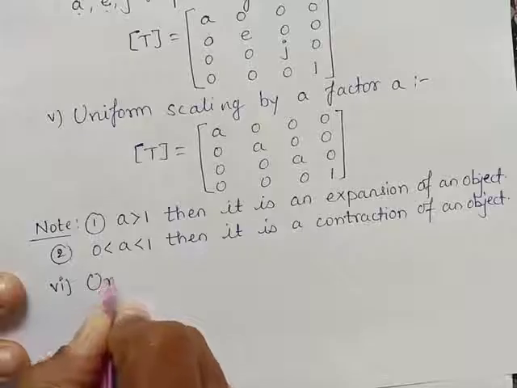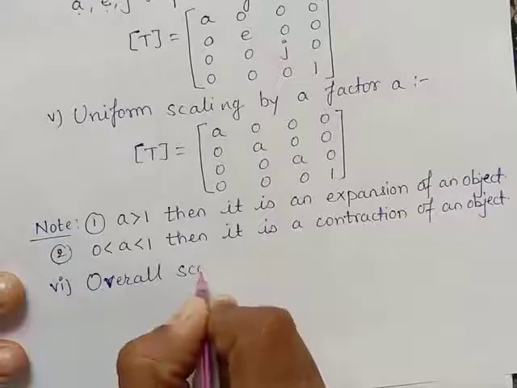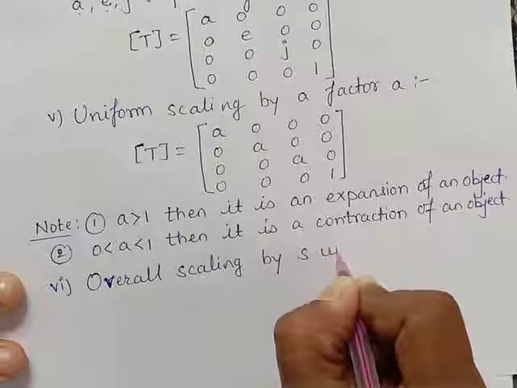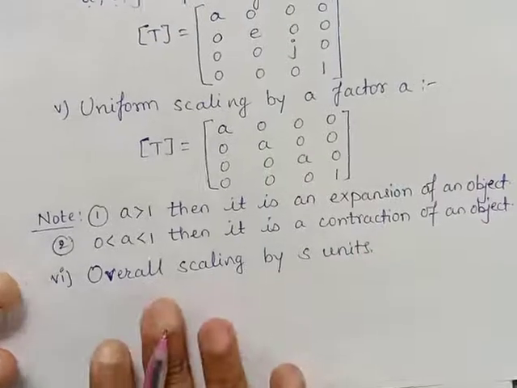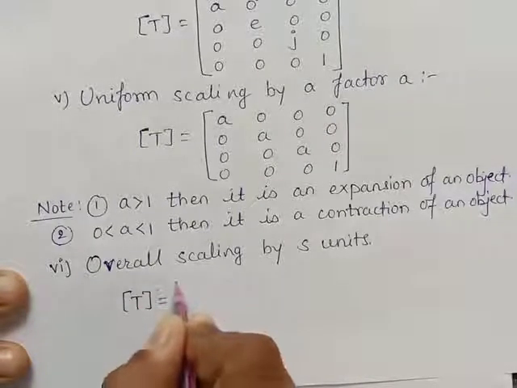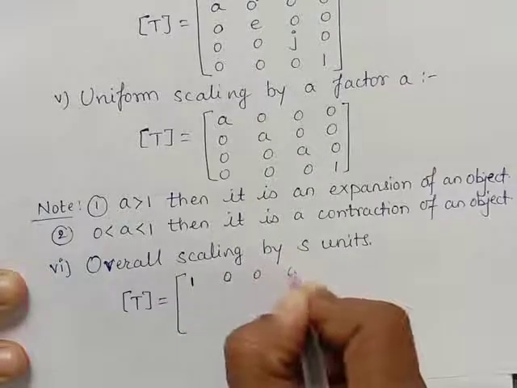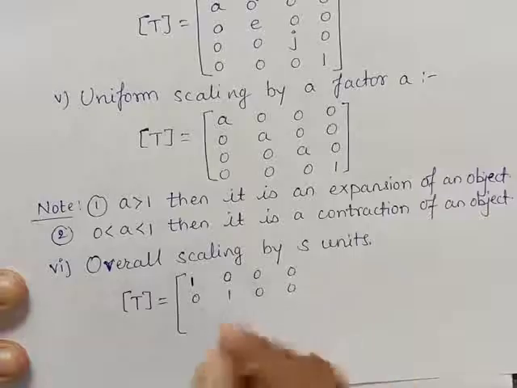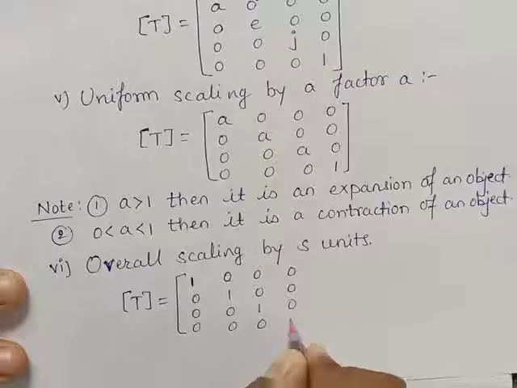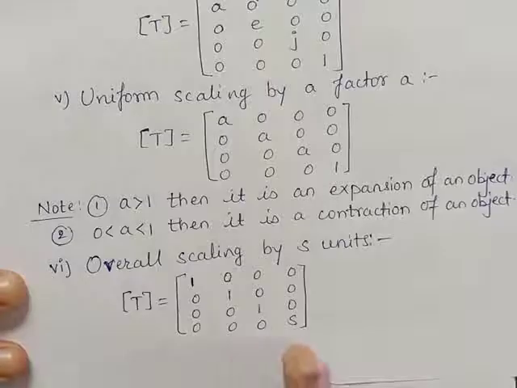Now the next one, overall scaling by S units. What is the matrix here? This matrix of transformation is 1 0 0 0, 0 1 0 0, 0 0 1 0, 0 0 0 S. Overall scaling by S units is this matrix of transformation.